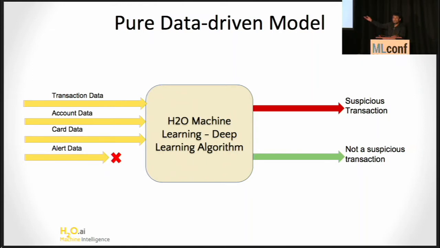True anomalous behavior should exist somewhere. So we're trying to ignore the alert data and pick up signals from the transactions and the cards and the accounts information, to be able to predict if a certain transaction is suspicious or not.